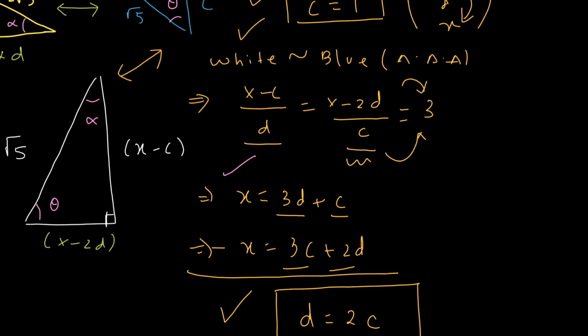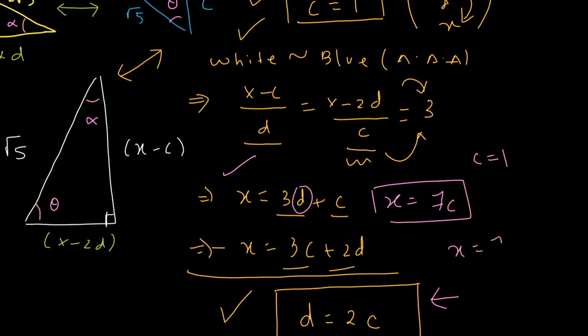Now look carefully, the value of d we have got as 2 times c. So this d can be replaced with 2 times c. So the value of x will turn out to be 3 times 2 times c plus c. This will turn out to be 6 times c plus c, would give us a result equal to 7 times c. So the value of x is equal to 7 times c. The value of c is equal to 1, and therefore the value of x will turn out to be 7.